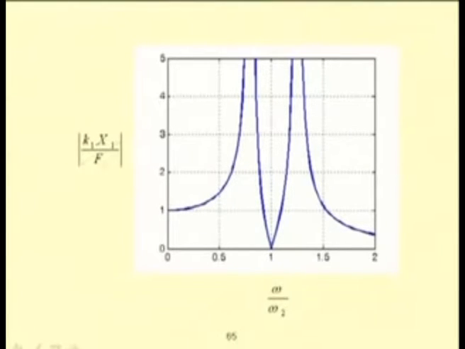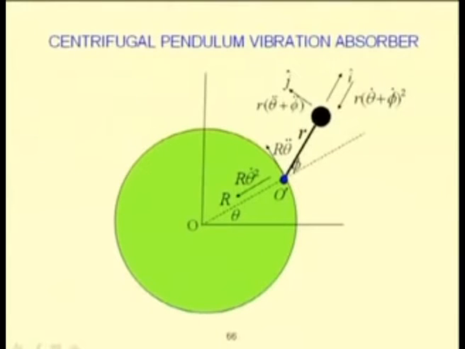So, this k1 x1 by f becomes 0 at omega equal to omega 2. So, when omega equal to omega 2, then this becomes 0. So, one may use this centrifugal type of pendulum vibration absorber for absorbing the vibration at different frequency.